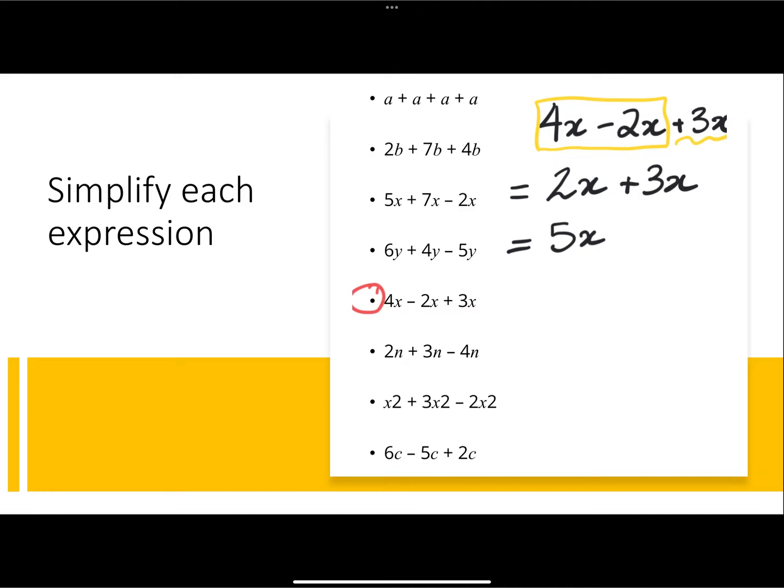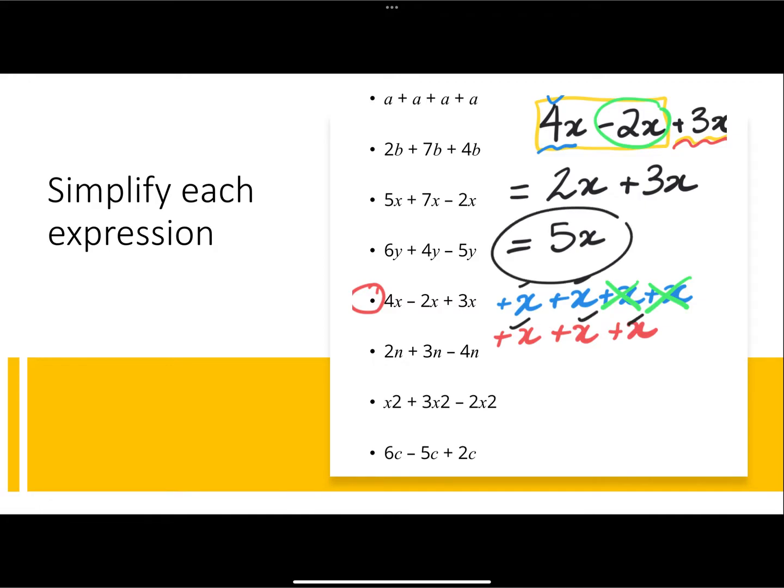Let's check it. My 4's I'm going to do in blue. So that's my 4. This next one is my take 2. So let's take 2. 1, 2. And then I'm going to add my 3. So that will give me 1, 2, 3, 4, 5. 5 x's.